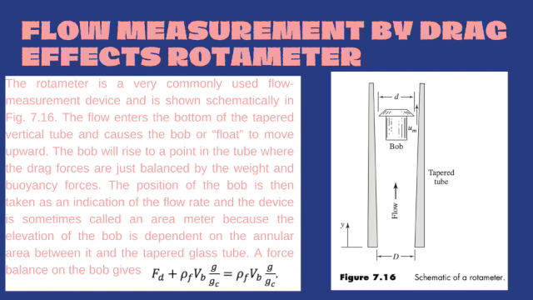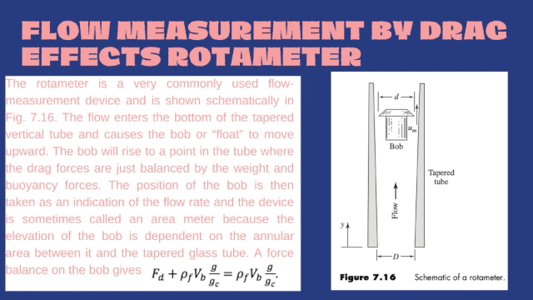A force balance on the bob is given as Fd plus rho F times Vb times g divided by gc equals rho F times Vb times g divided by gc. So it's the same thing on the other side without the force. Well, not the force, the flow.